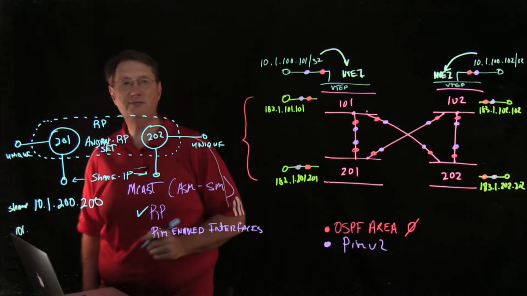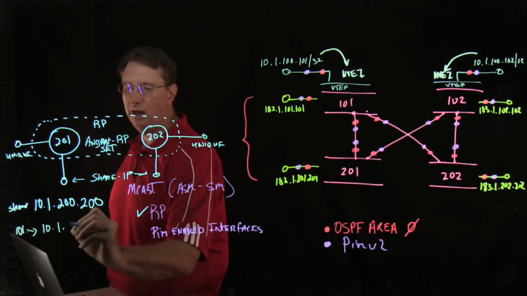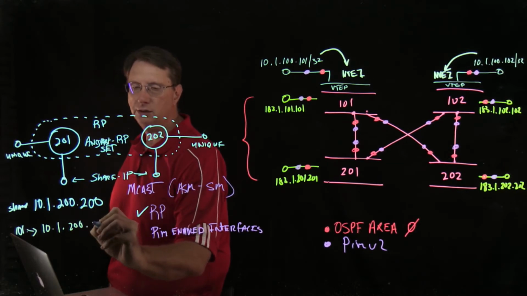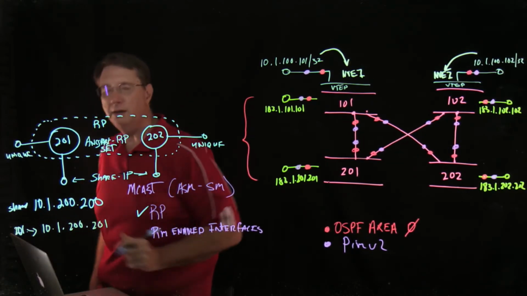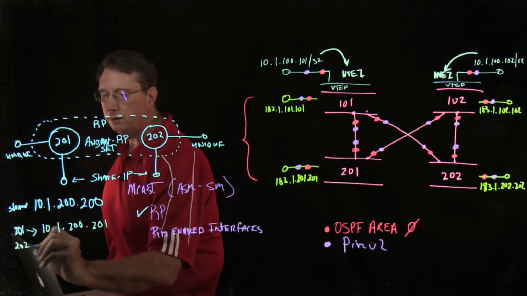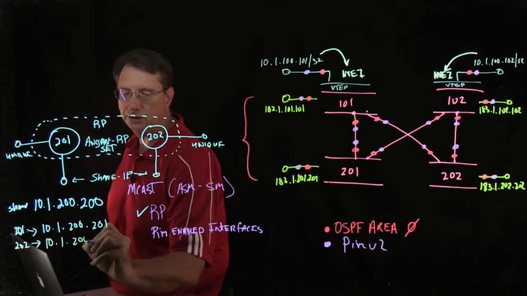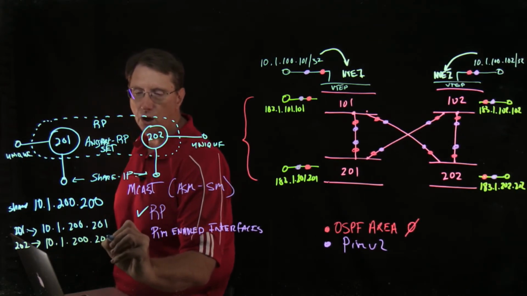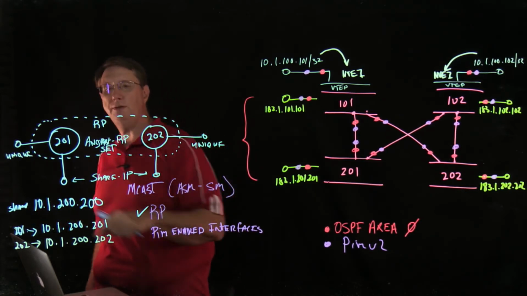So one for Leaf 101, and it's actually going to be 10.1.200.201. Sorry, I said Leaf 101, it's Spine 201. And then we'll create one for Spine 202. It will be 10.1.200.202. So here are my two unique addresses, and here is going to be my shared.